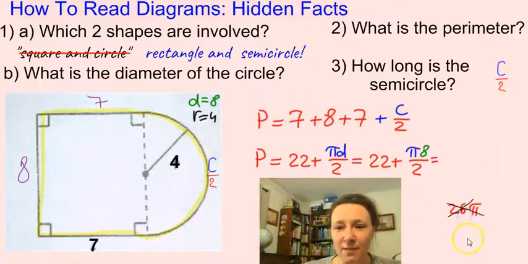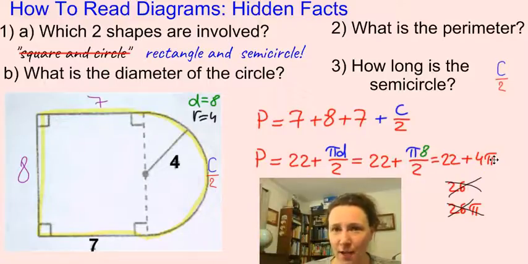I hope that your answer was not 26 pi and was not just 26. You had to remember that after you simplified this fraction, which became 4 pi, you still needed to add it to 22. And these 2 terms are not like terms.